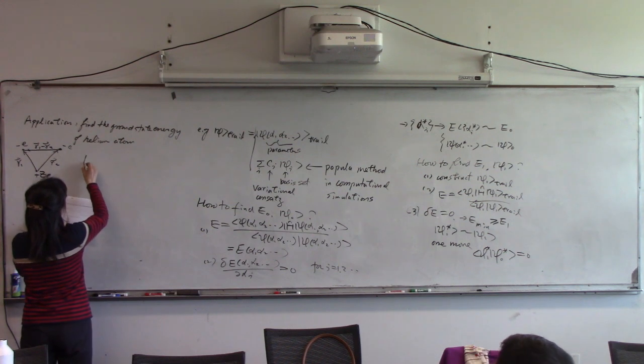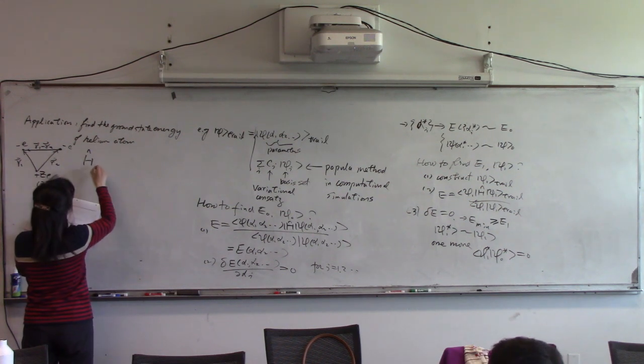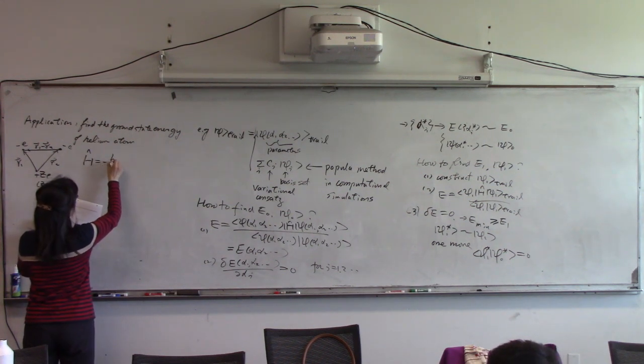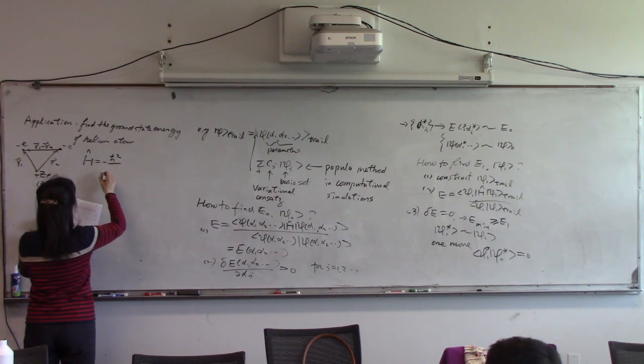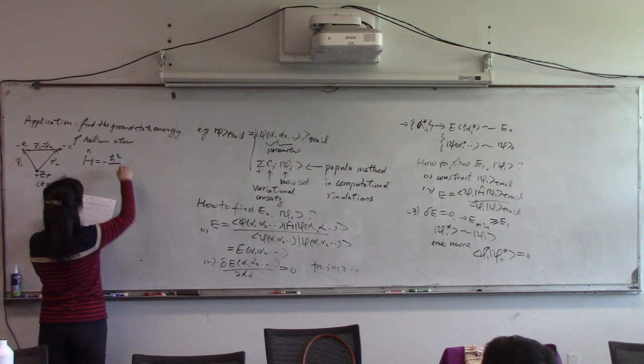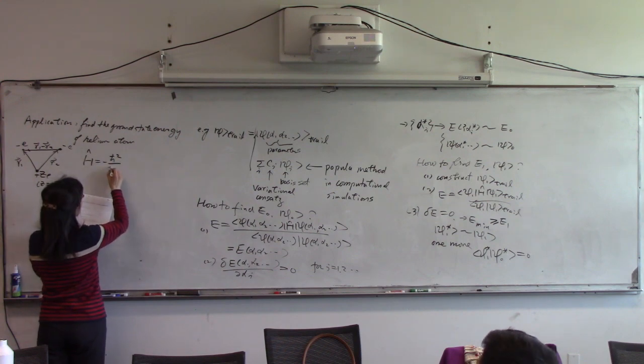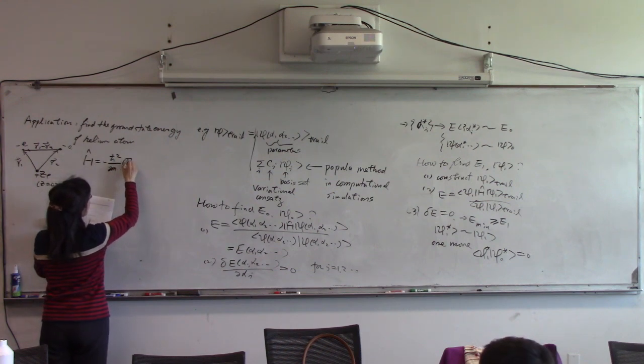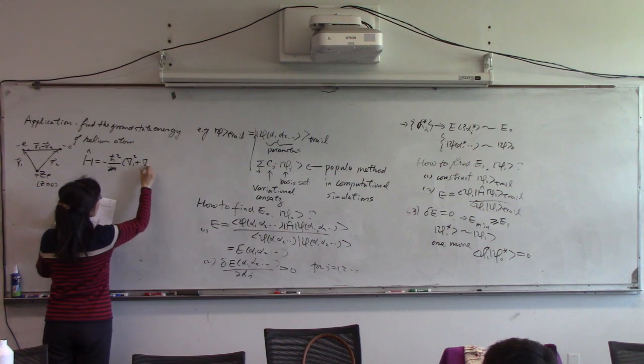So first, the Hamiltonian. We know the kinetic energy is for each individual electron, the first electron and the second electron.